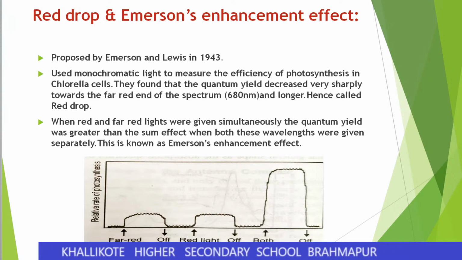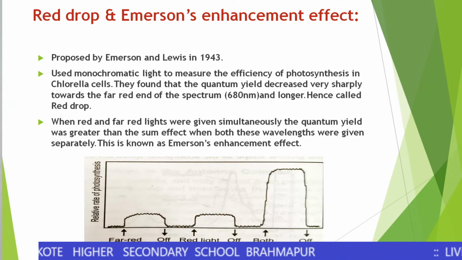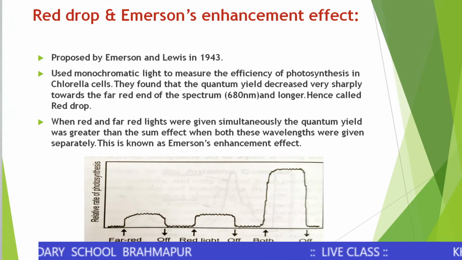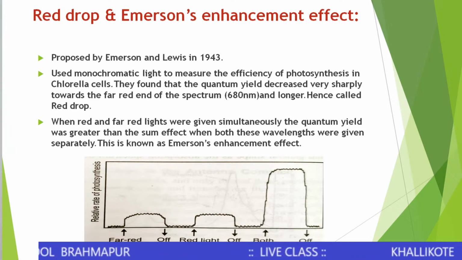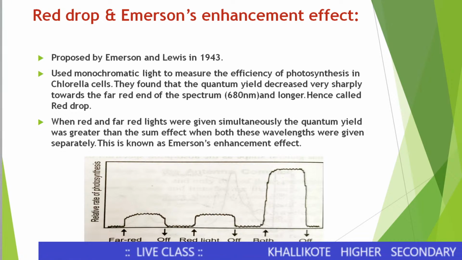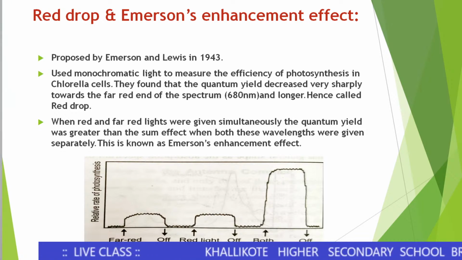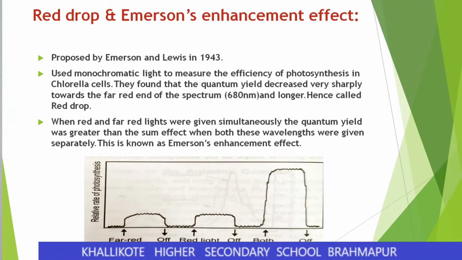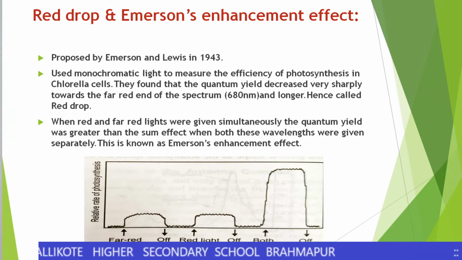Monochromatic light is individual wavelengths of light, say 650, 670, 660. So each individual monochromatic or single wavelength of light was used to find out the efficiency of photosynthesis in the Chlorella cell.